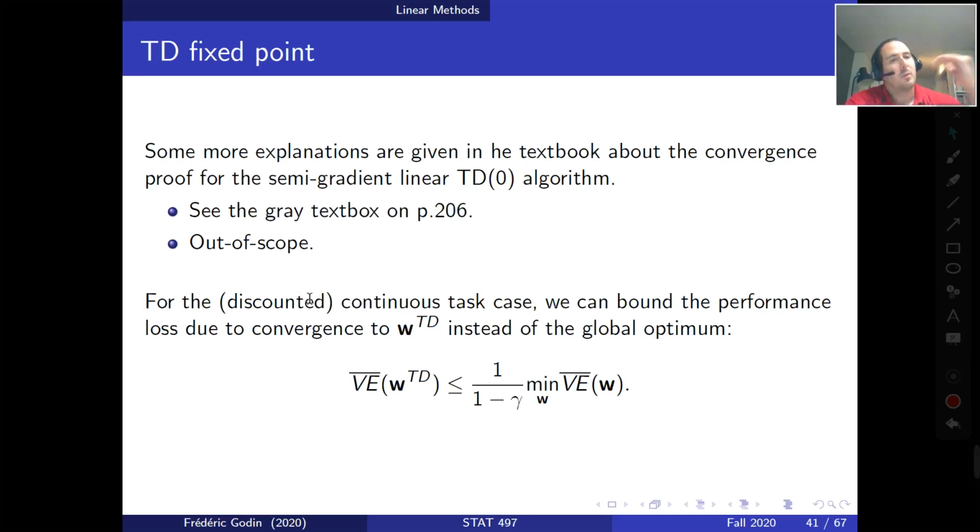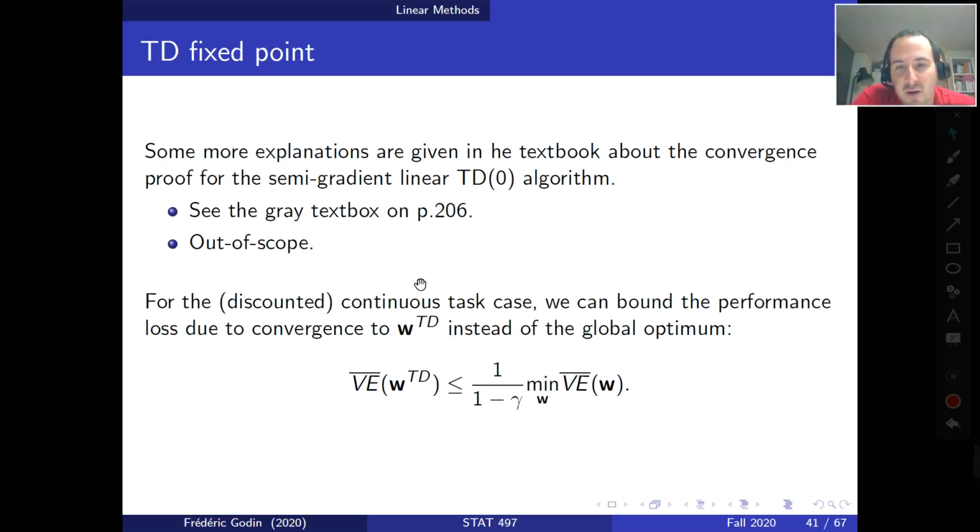Okay, so now we understand that TD0 semi-gradient within the context of linear approximation converges to the TD fixed point, which is not the optimum of the objective function, but a point near the optimum. But now the question is, how near is that TD fixed point from the global optimum? Then there are results in the literature which provide some answer to this question.